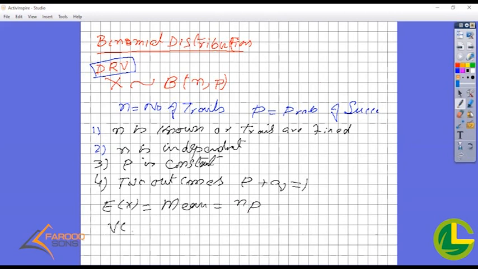And variance, I taught you what the mean and variance are, what the standard deviation is, and the relation between variance and standard deviation. So NPQ is the variance, and the standard deviation of binomial is under root NPQ.